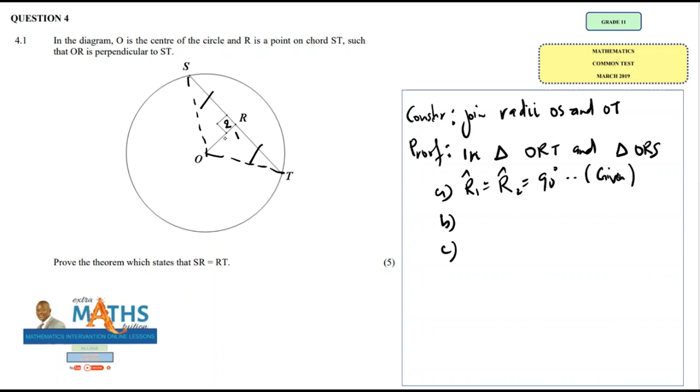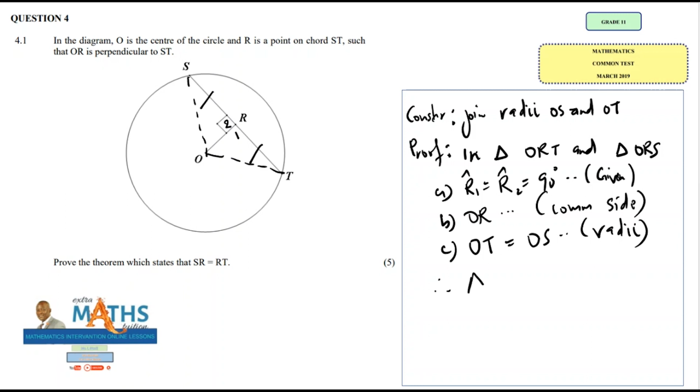Number 2, I hope you can see that OR is a common side. Lastly, we said OT and OS are our radii, and we've concluded that radii are equal. It means OT is equal to OS, which are your radii.